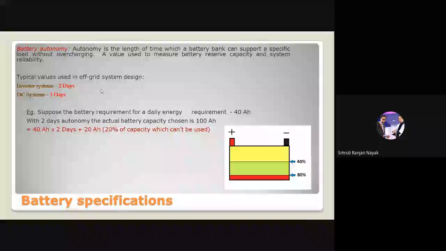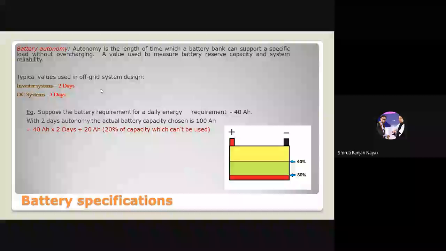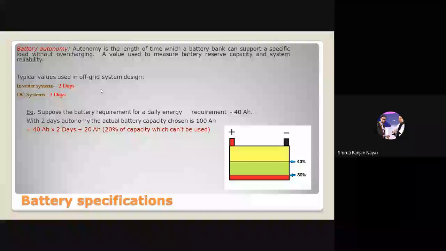One example: suppose the daily energy requirement is 40 ampere hour. With 2 days autonomy, the actual battery capacity is 100 ampere hour. That is 40 ampere hour times 2 days, plus 20 ampere hour, which means 20% capacity that cannot be used.